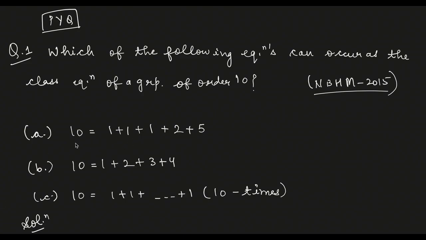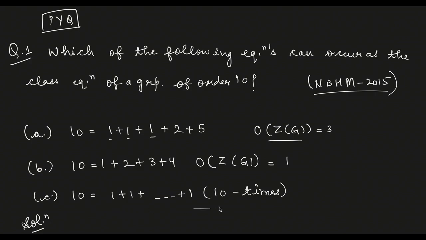So here these ones will denote the order of the center. So in A part we can observe that the order of the center of G is 3. 1 plus 1 plus 1, 3. Here the order of the center of G is 1.